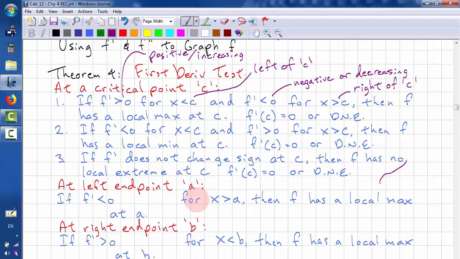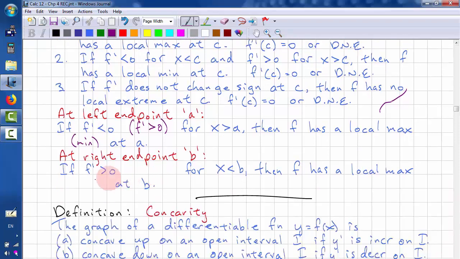So if we have a closed interval at the left endpoint of a, if f is decreasing for x greater than a, so to the right of a, then f has a local max at a. And then we can flip this around. If f prime is greater than 0, so increasing to the right of a, then f has a local min at a.